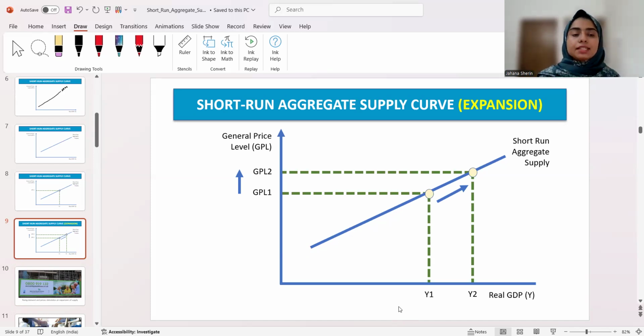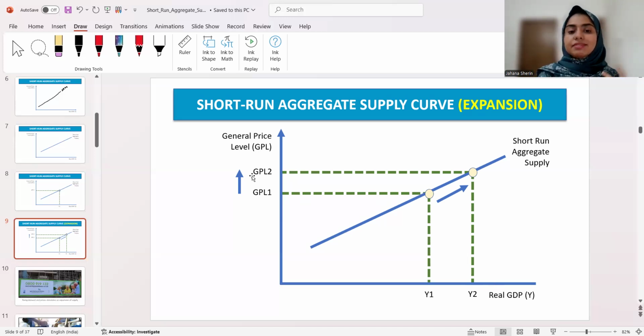A better price means the incentive to produce will increase. So that's why, look at the graph: GPL1 increases to GPL2, the general price level increases, which actually increases the real GDP of the economy.